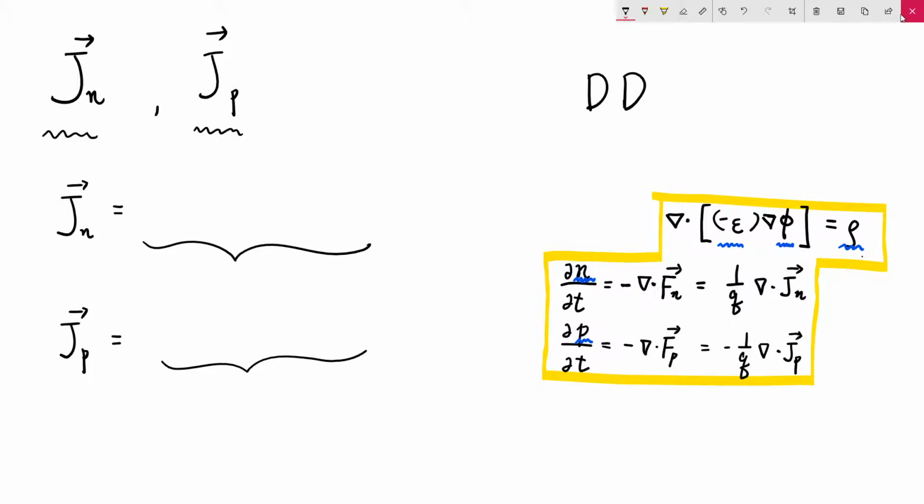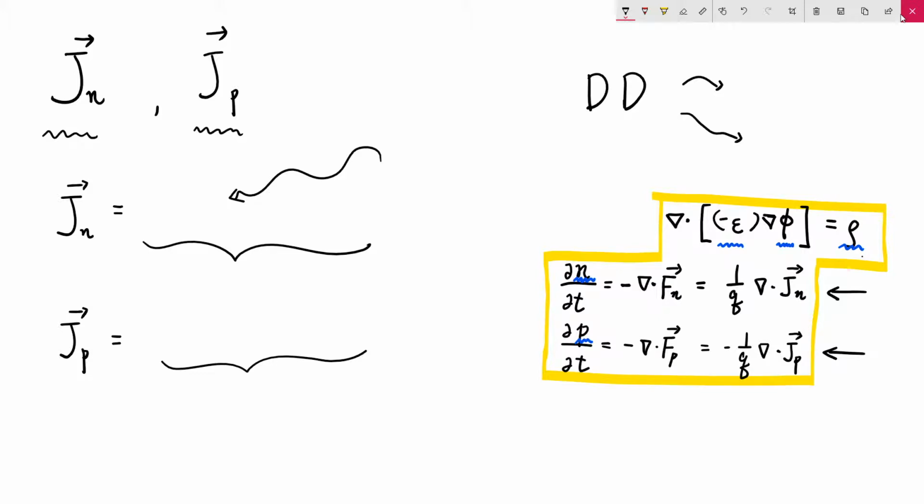Simply speaking, yet another model for charge transport can be invented. However, the electron continuity equation and hole continuity equation are general equations, and the only difference can be made in the functional form of J sub n.